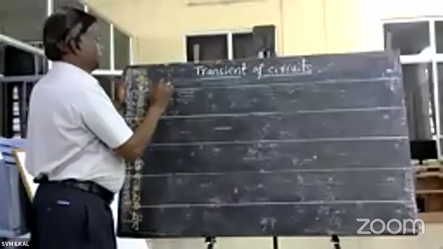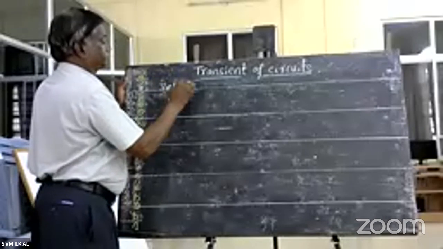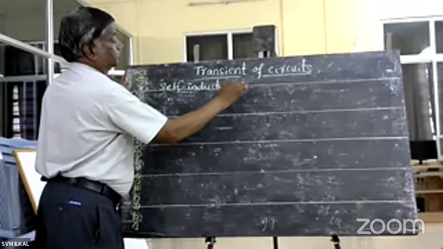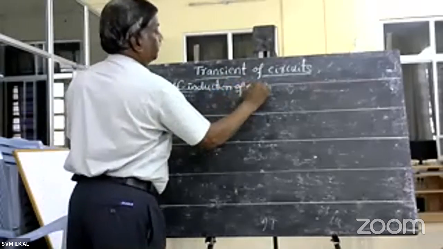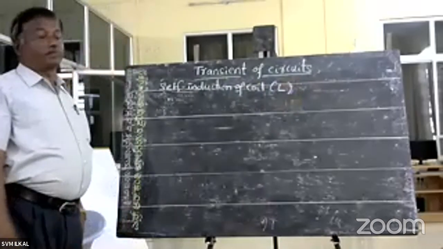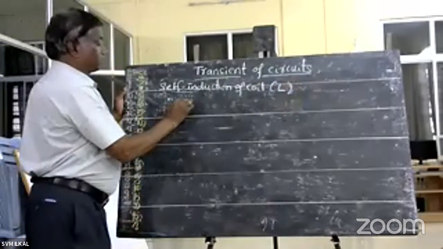Next, self-induction of a coil. Self-induction of a coil is represented as L. What is self-induction? Suppose there is a coil here.